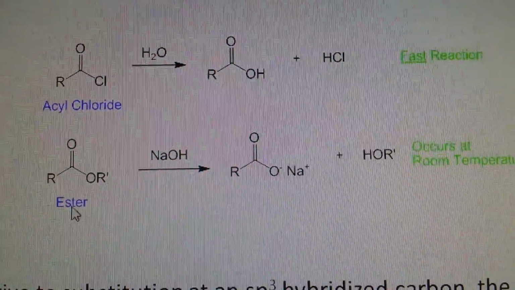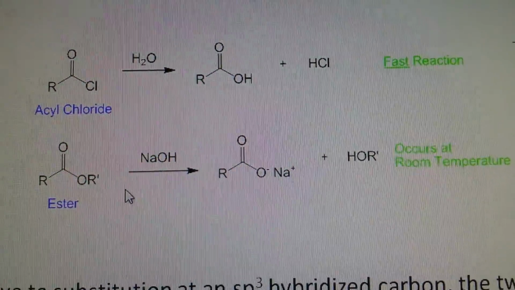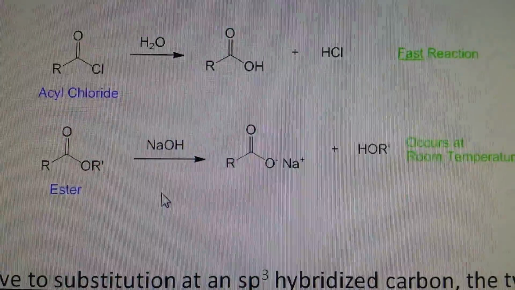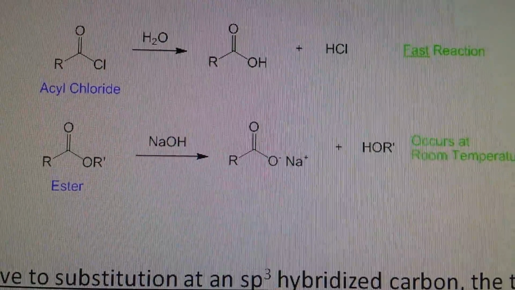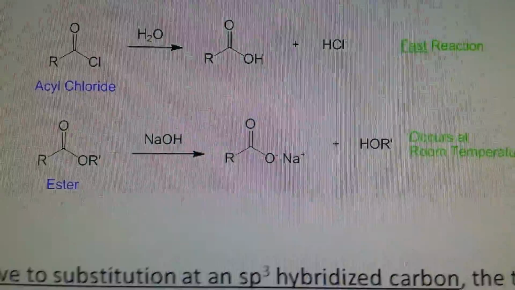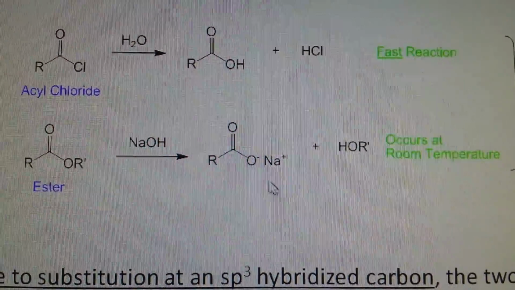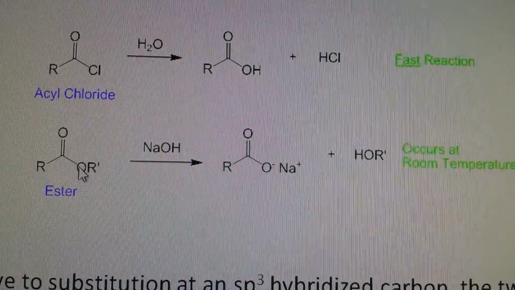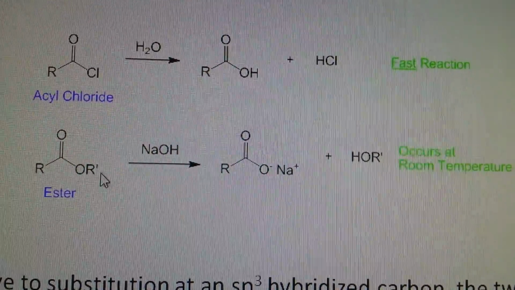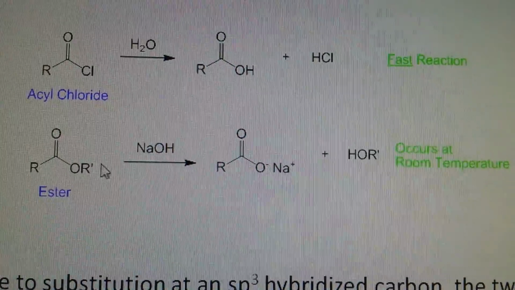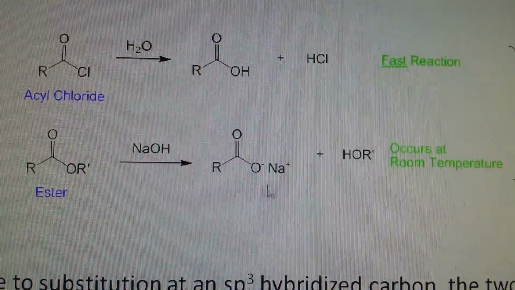This is now ester again, but what happened to this ester? If I show you, you put sodium hydroxide and this OR. R leaves, and instead of R you get sodium ion.